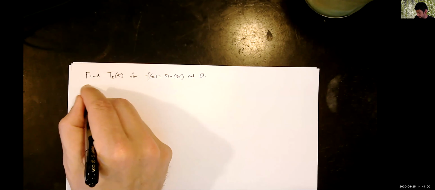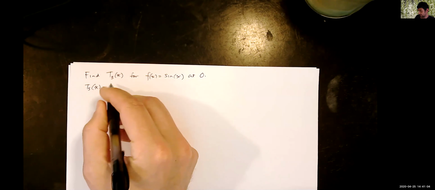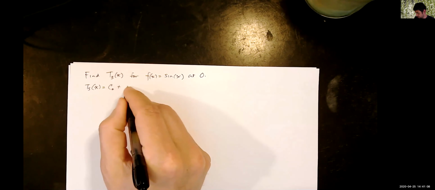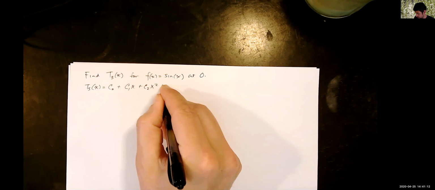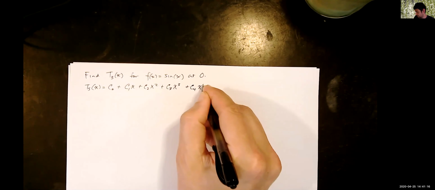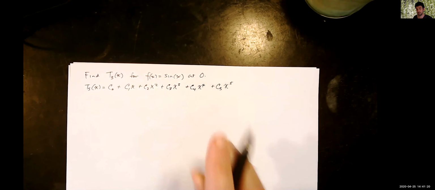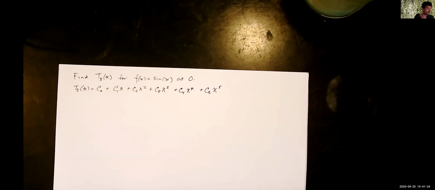The 5th degree Taylor polynomial is the polynomial, it'll look like this, at 0, right? So it's just the first up to the 5th degree term for our Taylor series, right?